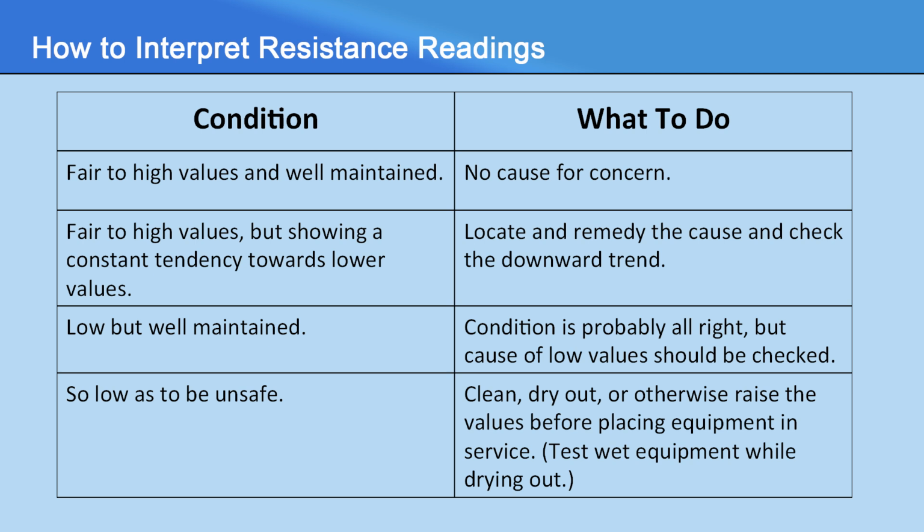Next condition is so low as to be unsafe. Under this condition, clean, dry out or otherwise raise the values before placing equipment in service. Test wet equipment while drying out.